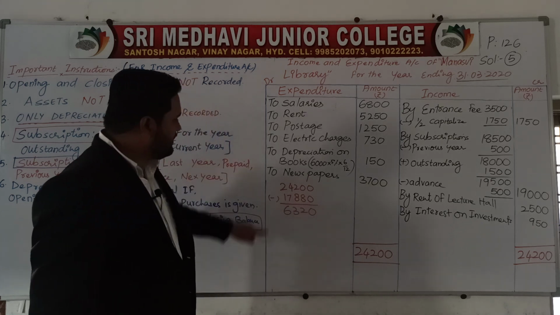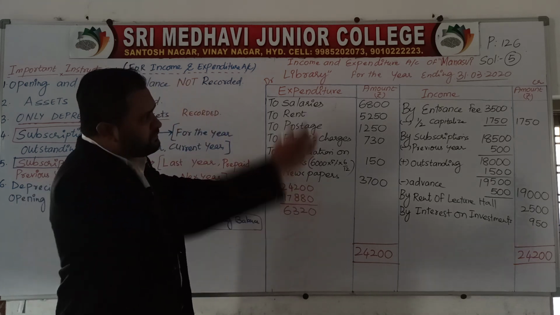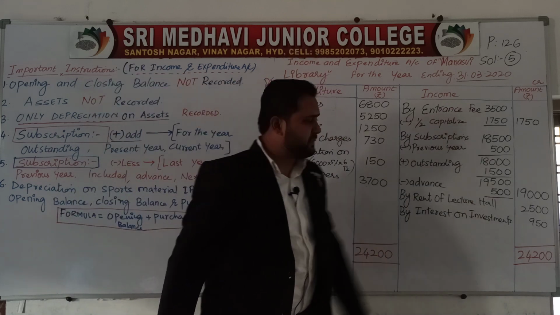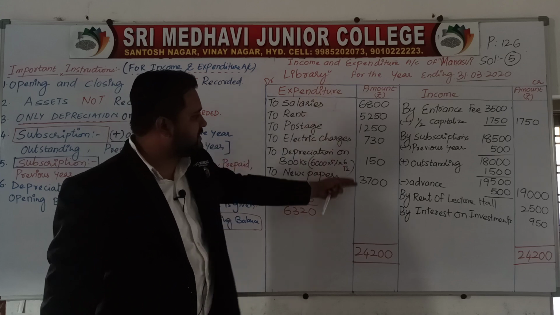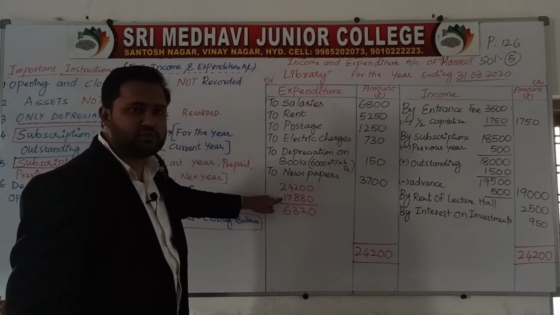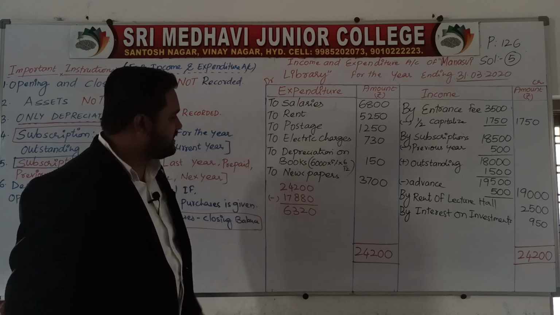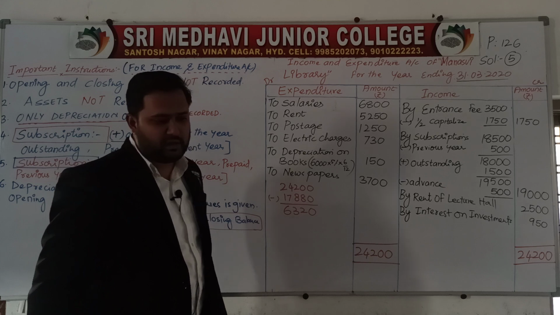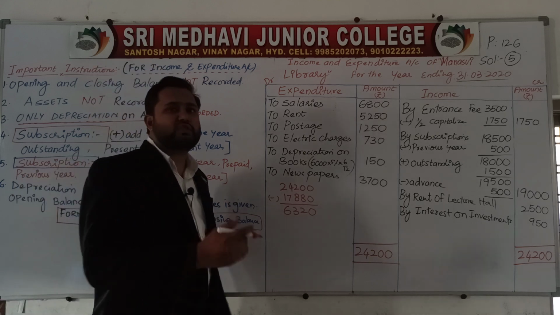This is your total of income. This is your total of expenditure. You do the total, you will come to know that 17,880 is the expenditure. If you minus the expenditure from income, 6,320 is your surplus.